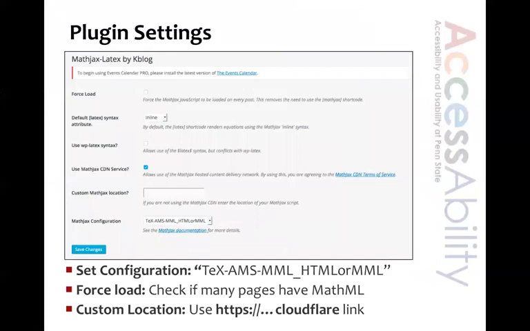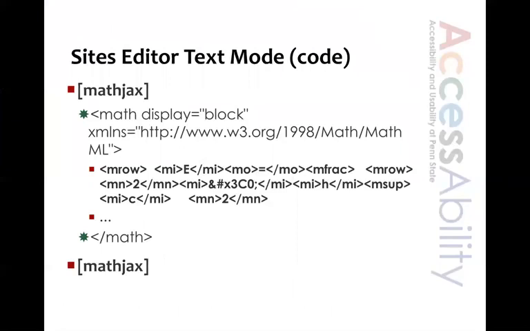The big one is this MathJax CDN service. You need to uncheck that. And then that Cloudflare link I mentioned earlier, it's the same link I use in the script. You need to put that in this custom MathJax location. And then once you do that, you may need to add some MathJax square brackets.